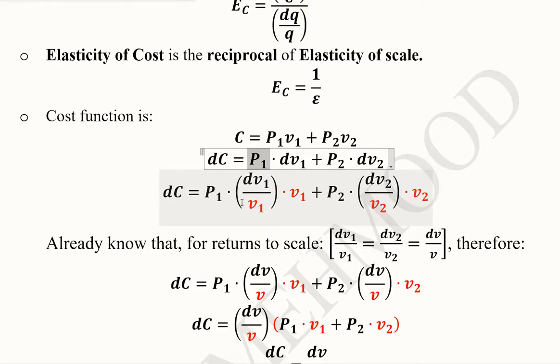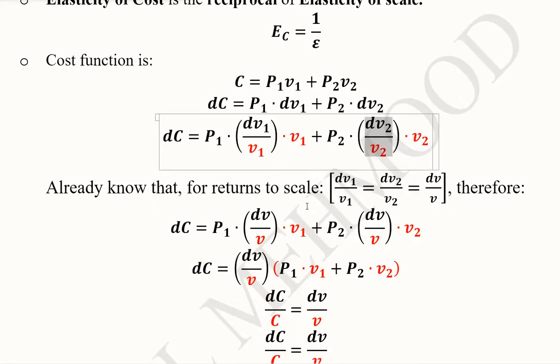Now the next step is that we have brought V1 in the denominator as well as the numerator, and V2 both in the denominator and the numerator. And this is no surprise because dV1 over V1 and dV2 over V2 are of some use for us, because in the returns to scale their values are considered equal to each other.